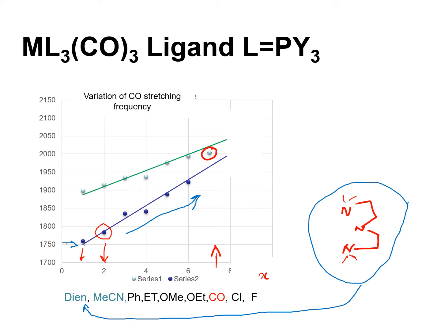So here both of the stretching frequencies, symmetric stretching frequency and asymmetric stretching frequency, change in the same fashion and are very clearly suggesting that if you have a methoxy group or an ethoxy group, the trans carbonyl stretching frequency keeps increasing, which means there is less and less pi star electron density on the carbon monoxide.